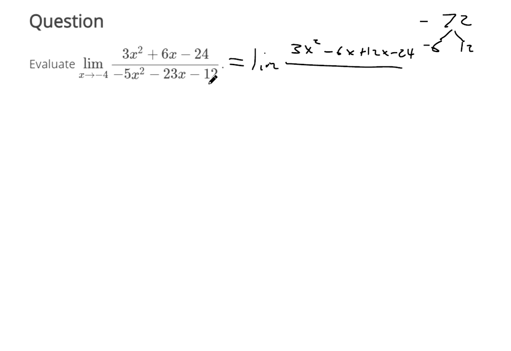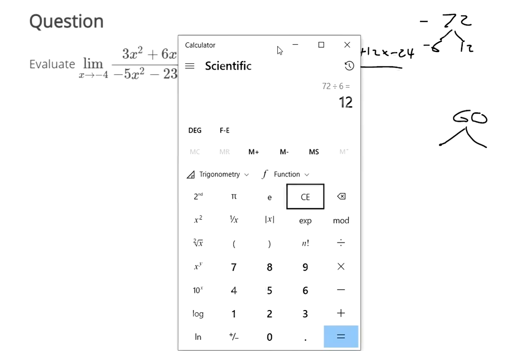And then factoring the denominator. Actually, I just realized we could have factored out a 3 to make it a little easier, but we'll figure that out later. Maybe it'll still turn out okay. First and the last here, negative 5 times negative 12, that makes positive 60. Two numbers that multiply to be positive 60 but add to be negative 23.